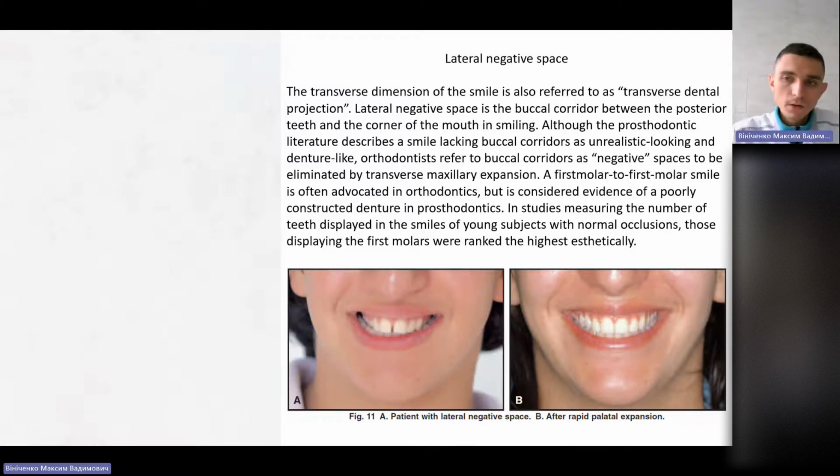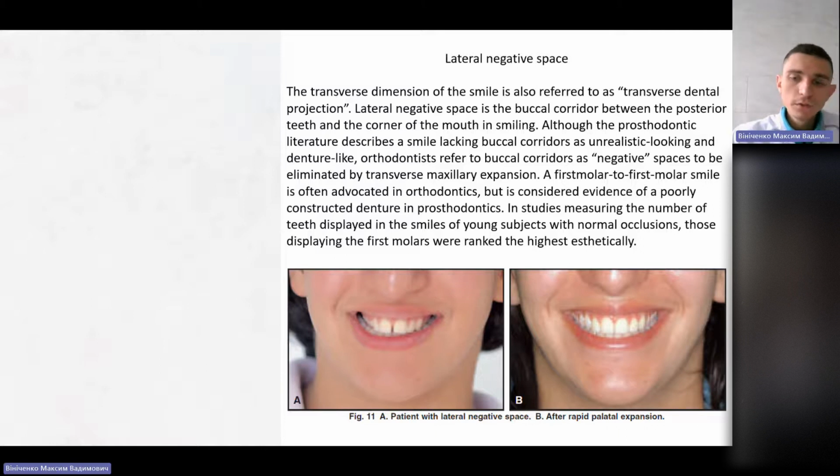But if we talk about our orthodontic stability, we understand that there are limitation factors during our orthodontic treatment. They are the anterior limit, posterior limit, lateral limit. So the lateral limit is the widening of the arch.